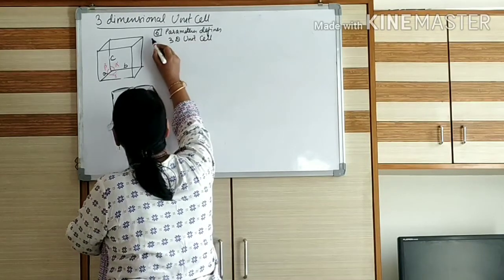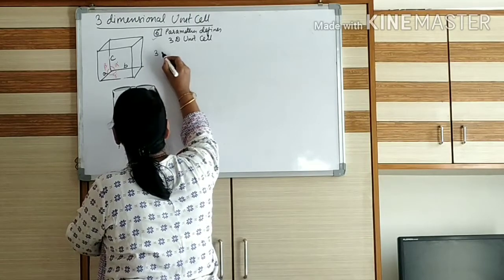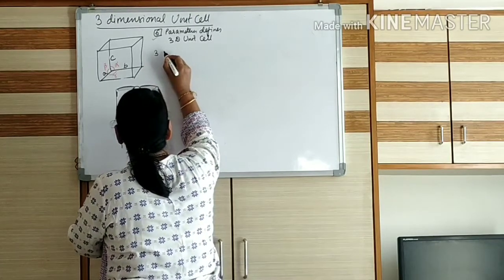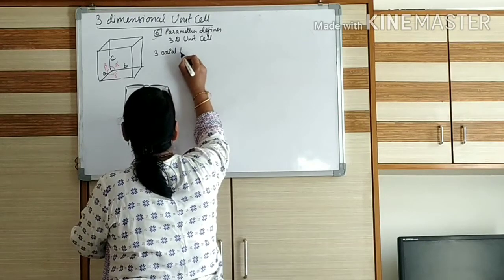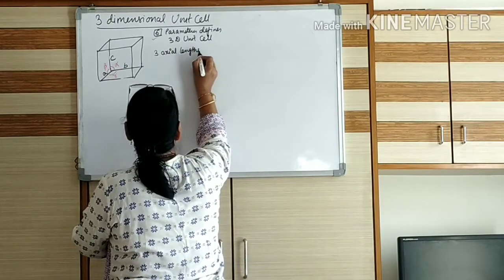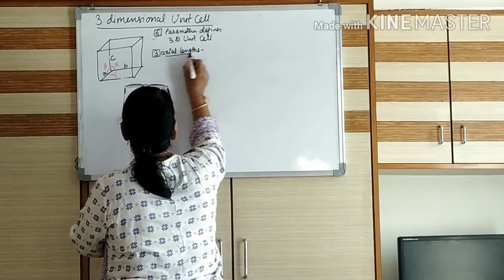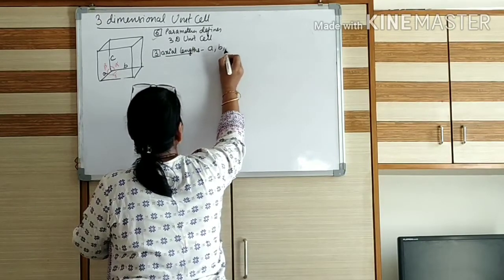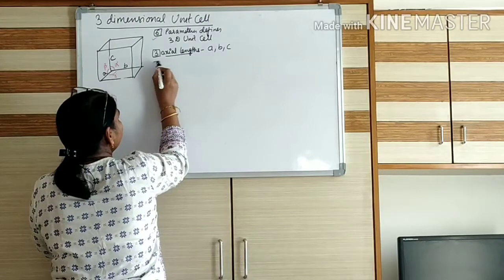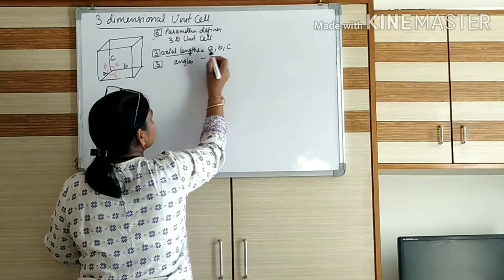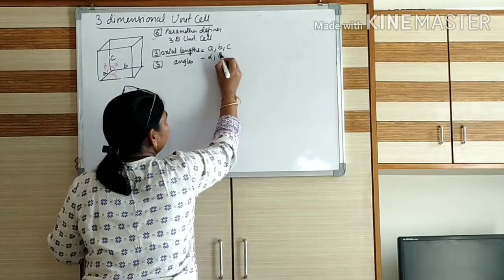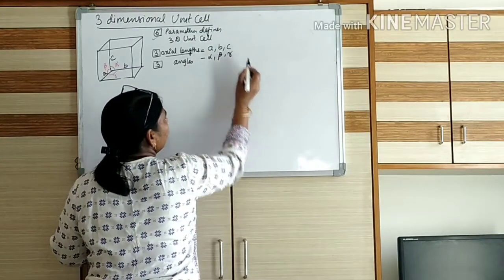Which are those 6 parameters? 3 axial lengths A, B, C, and 3 angles: alpha, beta, and gamma.